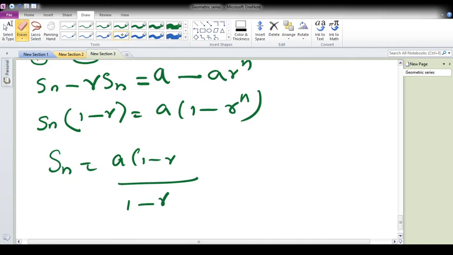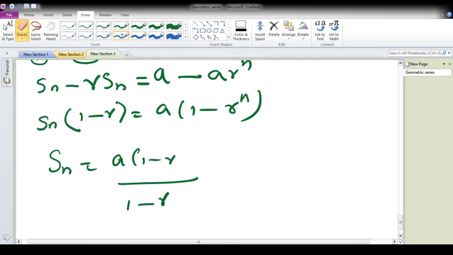If mod r less than 1, r power n converges to 0. Mod r less than 1 means, I emphasize that, r can be between minus 1 and 1.